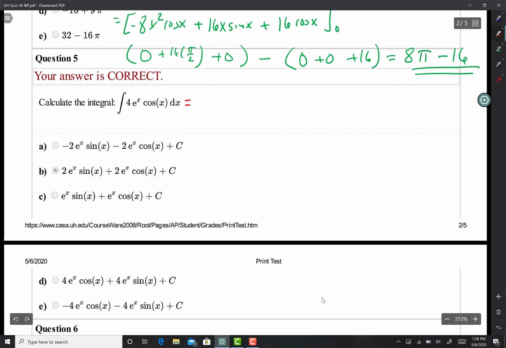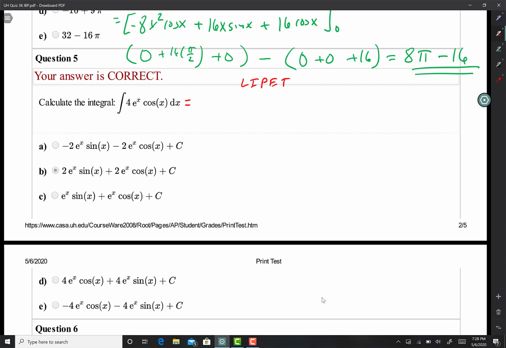All right, question 4. Yeah, it looks like I'm going to have to do this twice again. So I use my LIPET to figure out what's going to be my u first. Logarithmic, inverse, polynomial, exponential, trig. So exponential comes before trig, so I'm going to do the u as the exponential, guys.